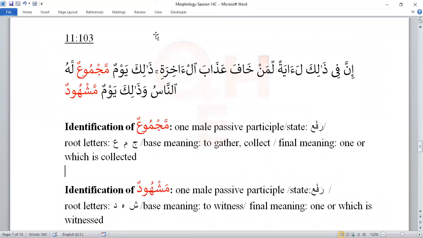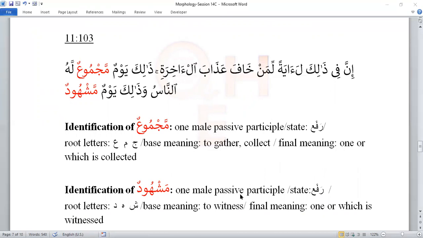Okay. So for majmu'un, obviously this is singular, one male passive participle, state rafa, and root letters jim, mim, ain. Base meaning to gather or to collect. Final meaning one or which is collected. Next one, mashhud.